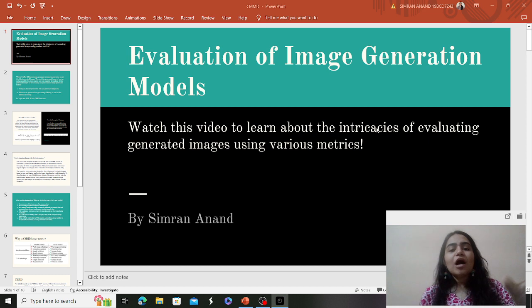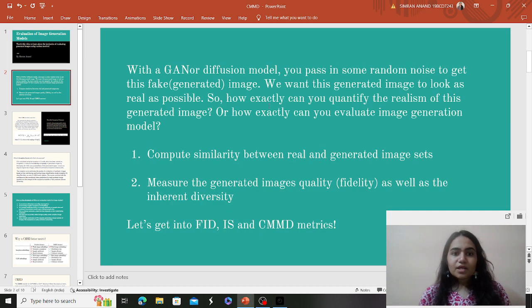So now, coming to how we evaluate image generation models. This video is going to cover, as I've told you, the various image generation metrics. As I told you, with a GAN, a generative adversarial network, or a diffusion model, what we generate are fake images, because the generated images are not the real images. It's the discriminator which tries to identify that the generated images are fake, and basically maximizes the difference between the generated and the real image.